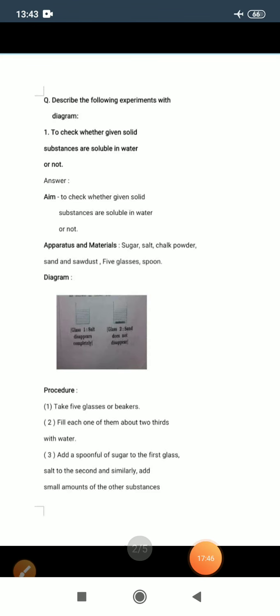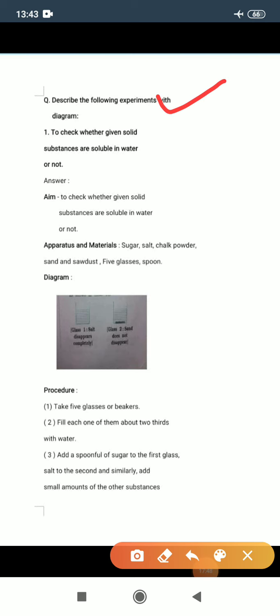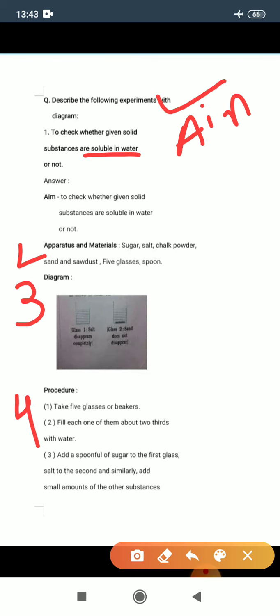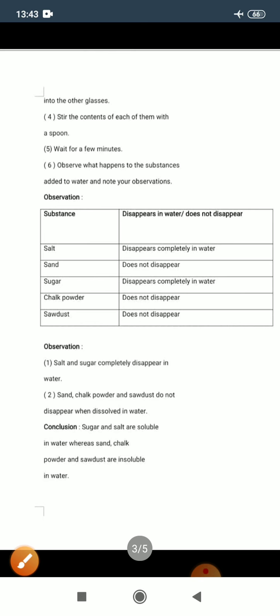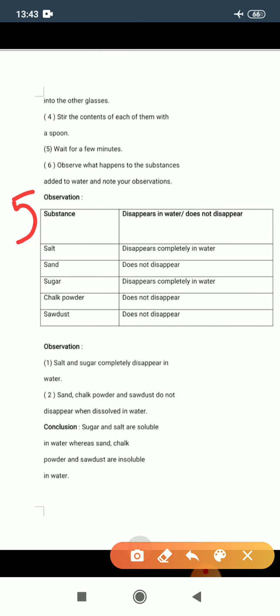So in today's session we saw an experiment. In that we saw some solid substances are soluble in water and some were insoluble in water. In that we saw different steps. The first step is aim, the second step is apparatus and material, the third step is diagram, fourth one is procedure, fifth one is observation, and the sixth one is conclusion.